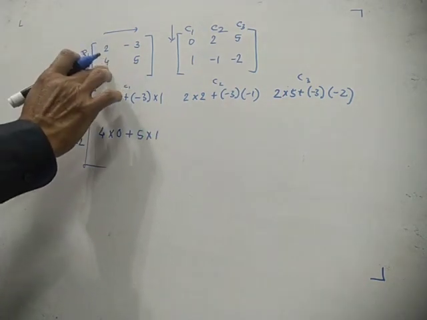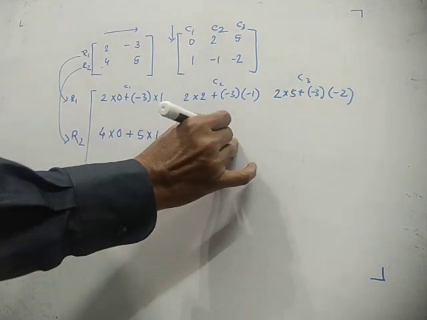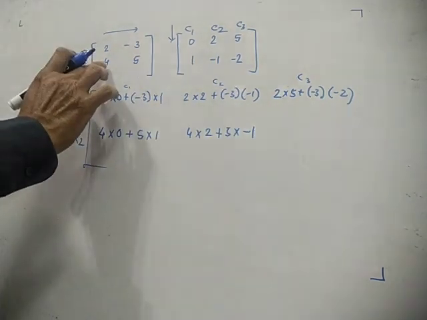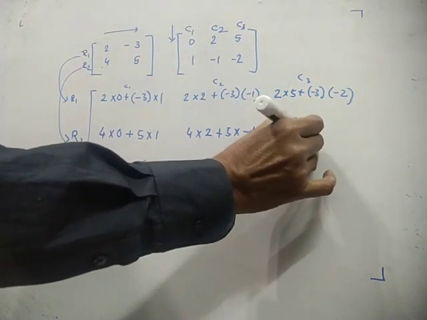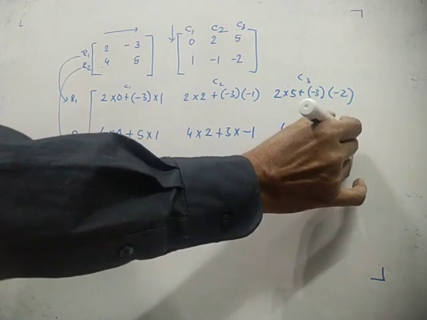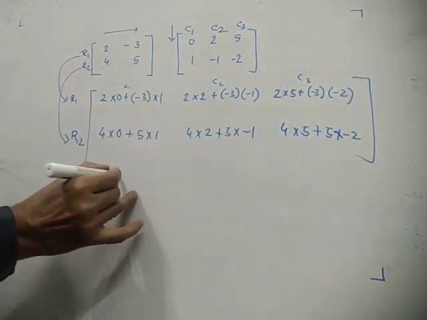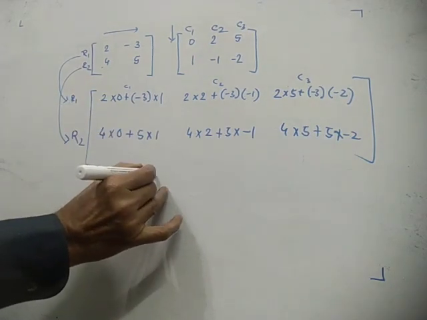Now R2 into C2, the second row of the first matrix into the second column of the second matrix: 4 into 2 plus 5 into minus 1. Now the third position: 4 into 5 plus 5 into minus 2. This way we get the second row, third element.